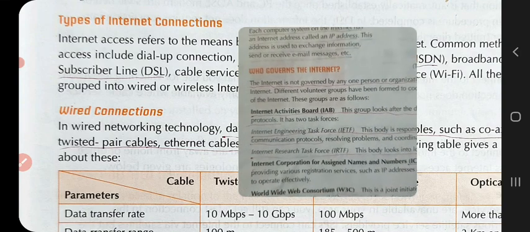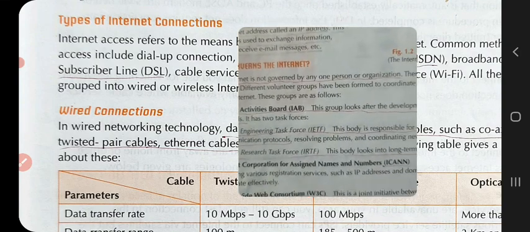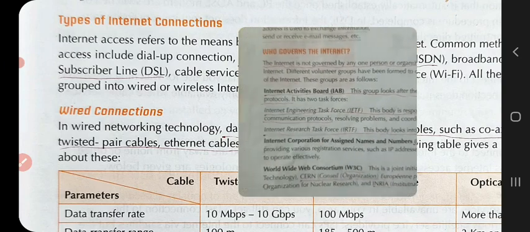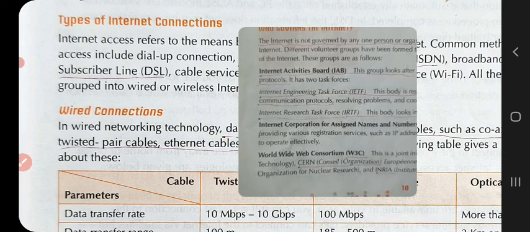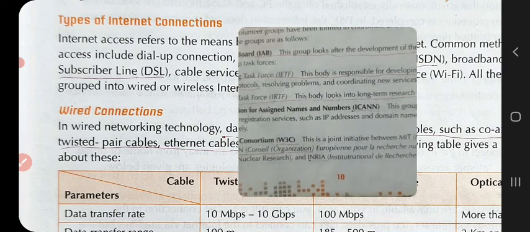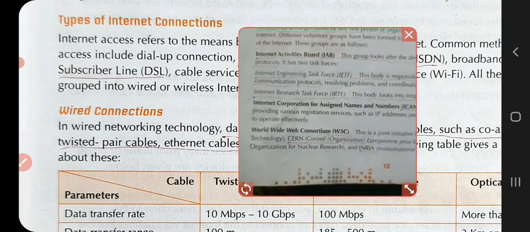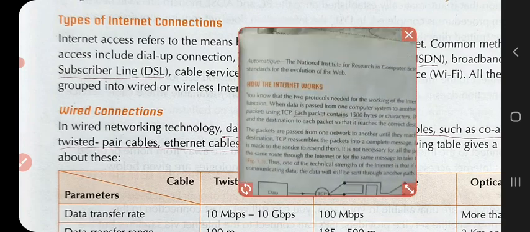Different groups have taken the volunteer responsibility for developing the internet, like IAB, ICANN, then W3C.